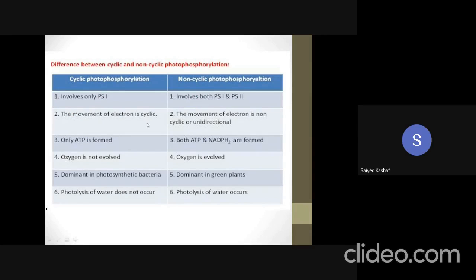The movement of the electron is cyclic, whereas in non-cyclic photophosphorylation this movement is unidirectional. Only ATP is formed. Both ATP and NADPH are formed. Oxygen is not evolved. Oxygen is evolved. This process takes place in photosynthetic bacteria, whereas this process takes place in higher plants, green plants. Photolysis of water does not occur, and photolysis of water occurs.